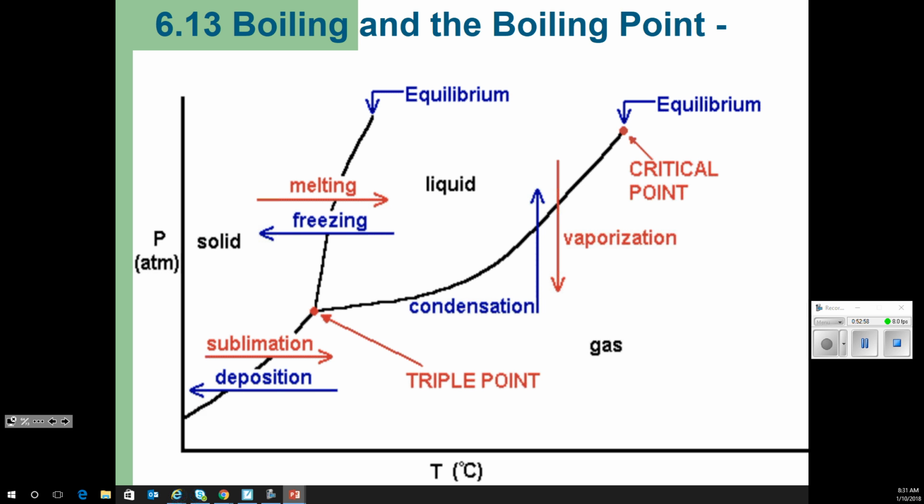You need to be able to be given any temperature and pressure and a phase diagram and be able to tell me what phase it's in, and if I heat it up, what phases it will go through at that pressure. So if you had one at the exact pressure and temperature of the triple point, you consider all three phases? Yes. You have all three phases present.